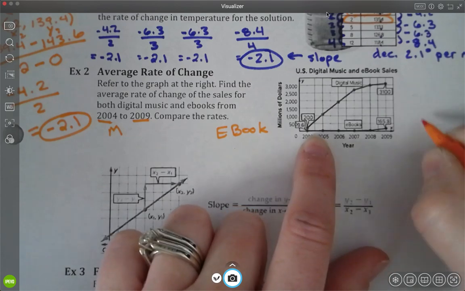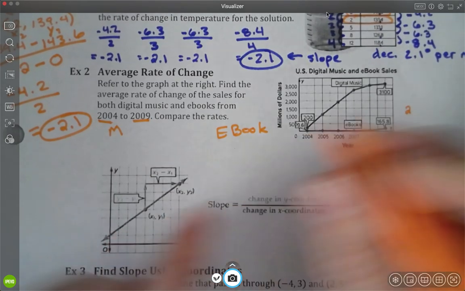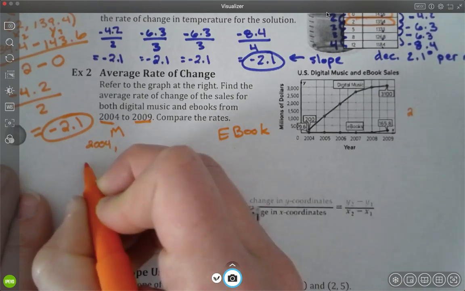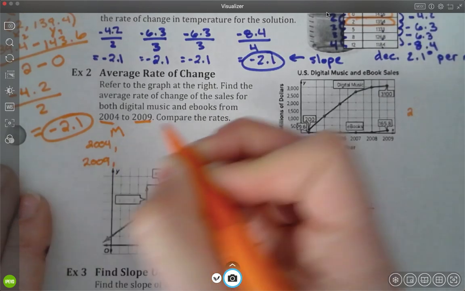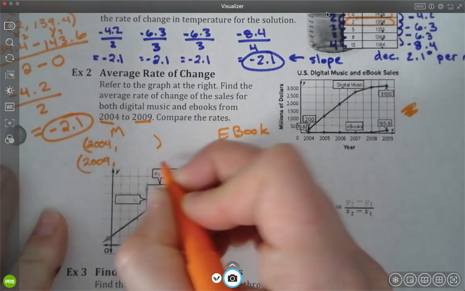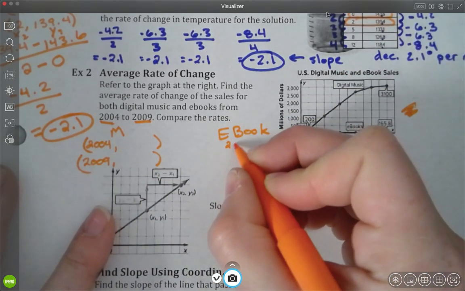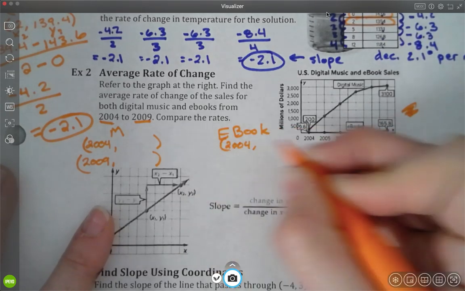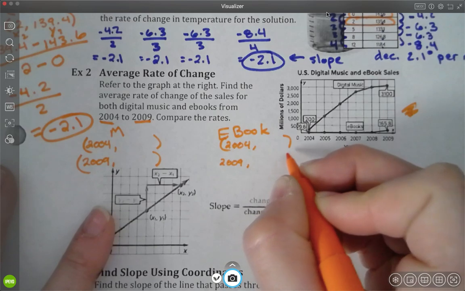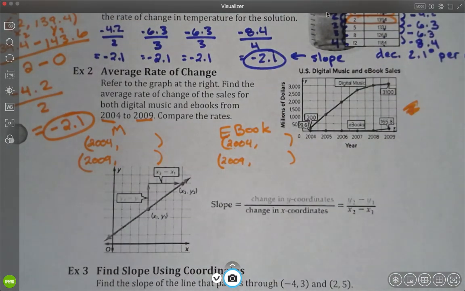So in 2004, I'm going to do 2004, comma something, 2009, comma something. And then ebooks is 2004, comma something, 2009, comma something. Okay, and we look at the graph to figure out what that something is, right? It makes it really nice for me just to be able to find my points first.